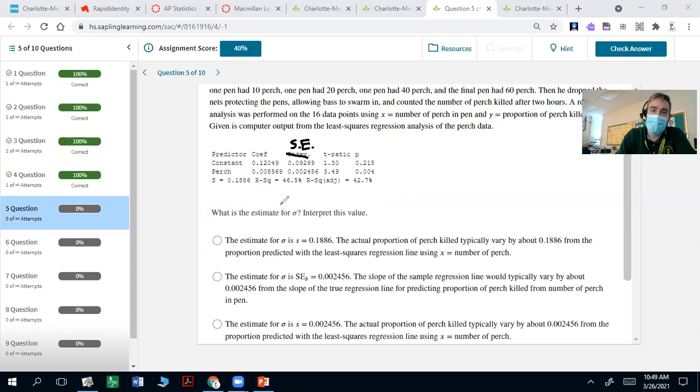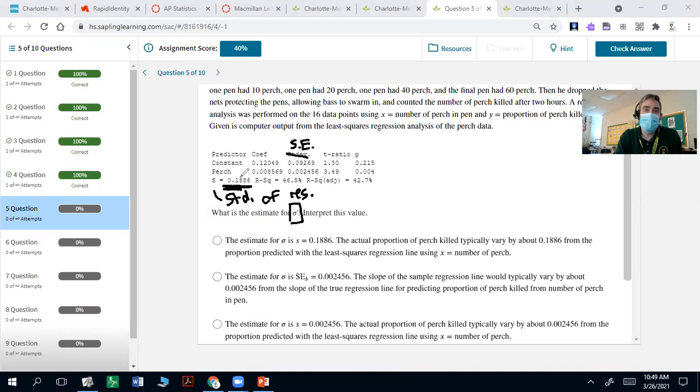But when it asks for the estimate of the standard deviation, they're talking about the standard deviation of the residuals. That's this number, okay? This is the standard deviation of the residuals. But again, all these are statistics. These are estimates, right? We don't actually know the population standard deviation of the residuals.